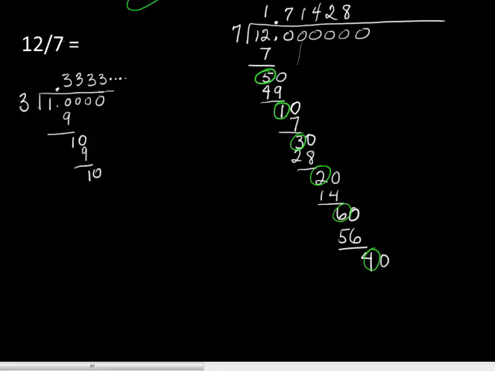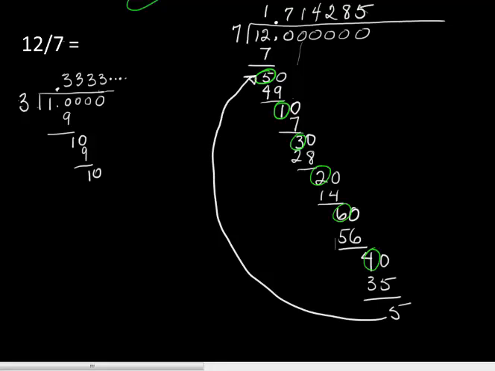And watch how it happens. Okay, so 7 goes into 40. 7 times 5 is 35, remainder of 5. Ah, here we are. This remainder goes all the way back up here, and we have now repeated a remainder.